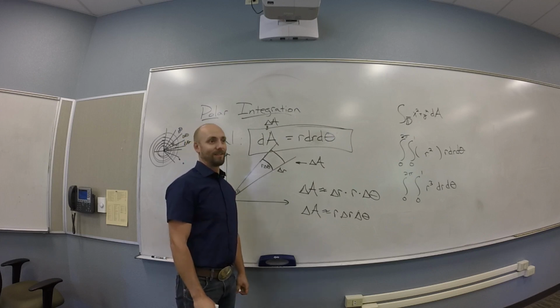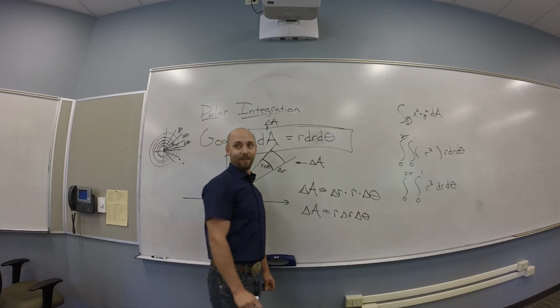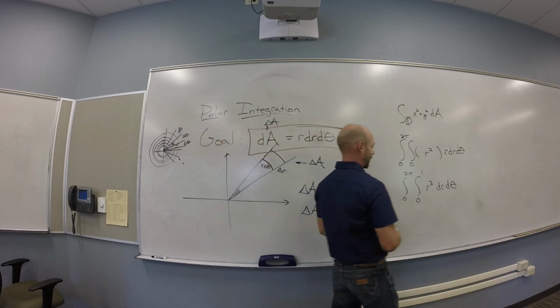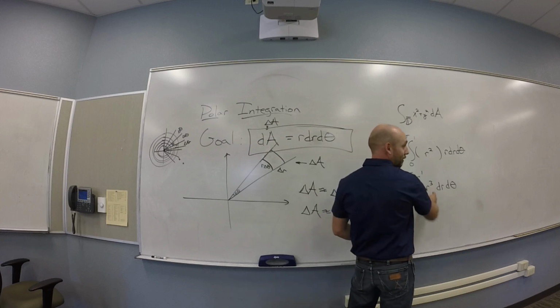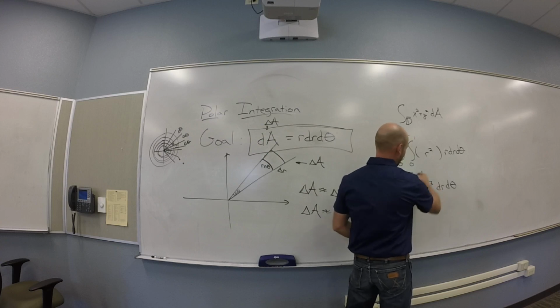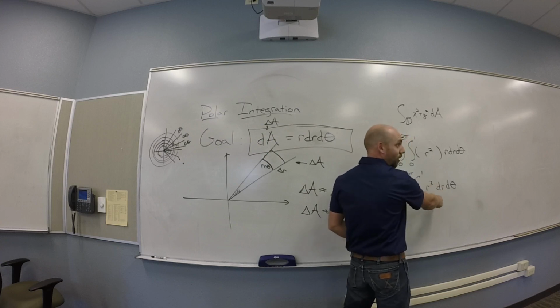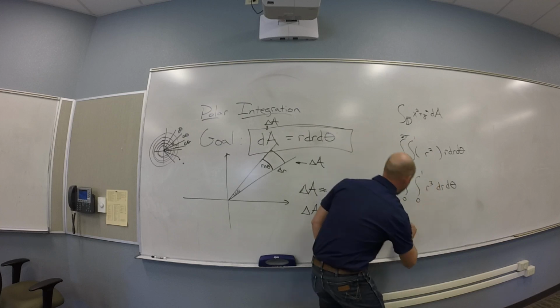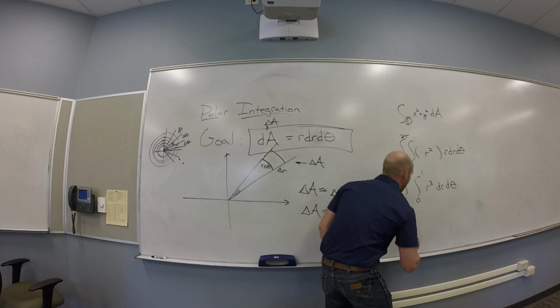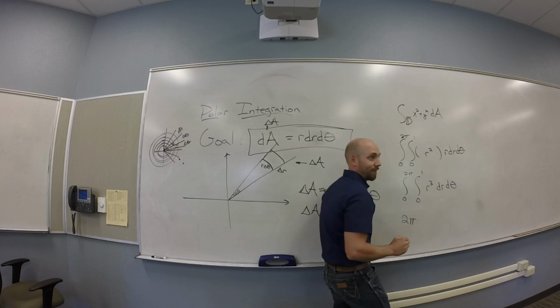You get 0 to 2 pi of 1 d theta, times 0 to 1 of r cubed dr. Good. This is just a function of r cubed, so the r stuff can get factored out, and then you're integrating 1.